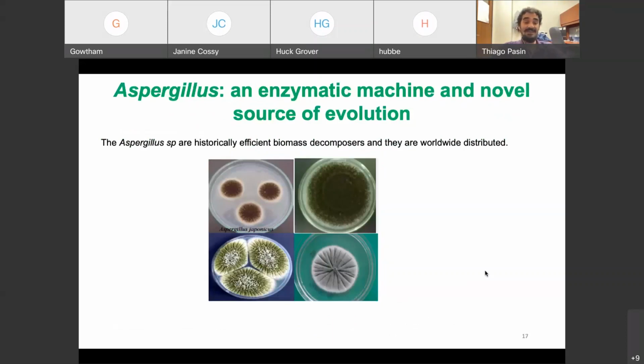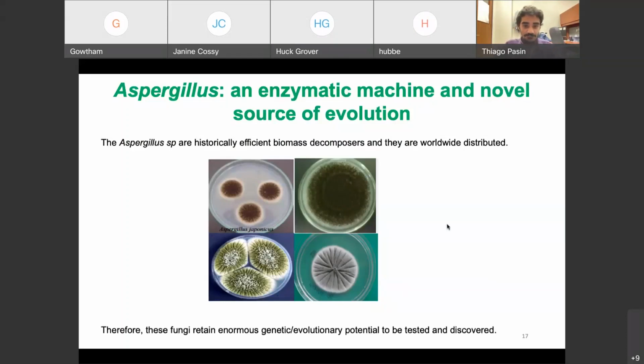And one of the key sources for this kind of enzymes can be the Aspergillus species, which are enzymatic machines and novel sources of evolution. The Aspergillus species are historically efficient biomass decomposers, and they are distributed worldwide.